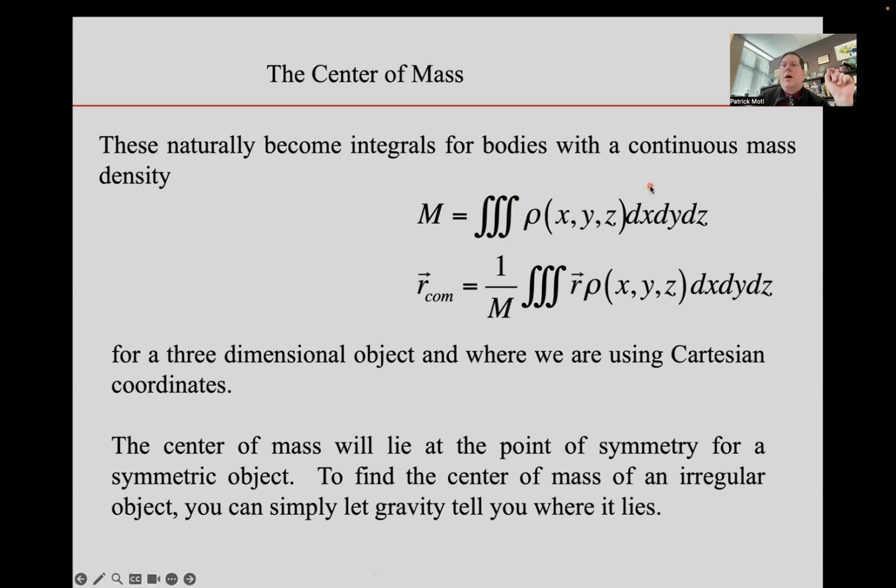All right, that is how we would define the total mass of a continuous mass distribution, given some function for the mass density rho. And then I could get the Cartesian center of mass coordinates by integrating over 1 over the total mass, and then this triple integral over the position vector times the mass density times the volume element.